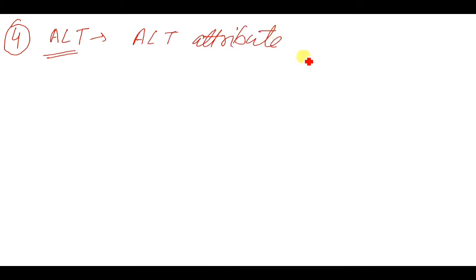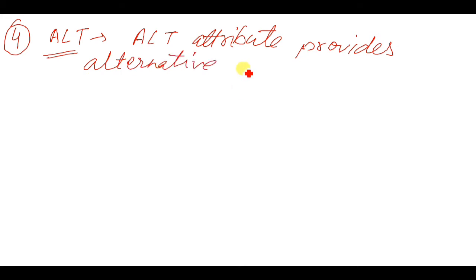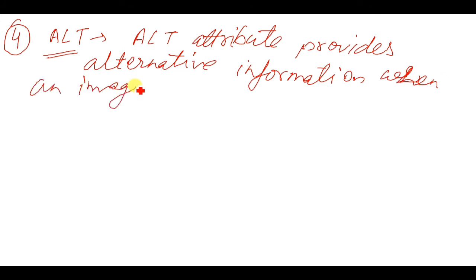Now student, fourth is the ALT attribute. We can say alternate text. The ALT attribute provides alternative information when an image is not shown.